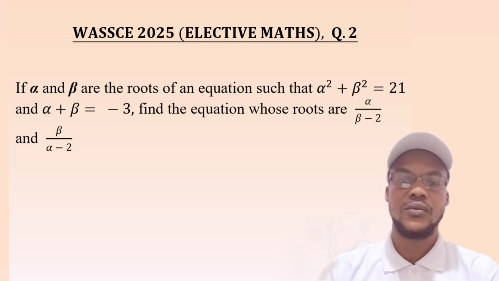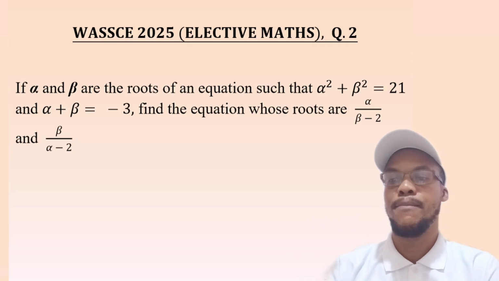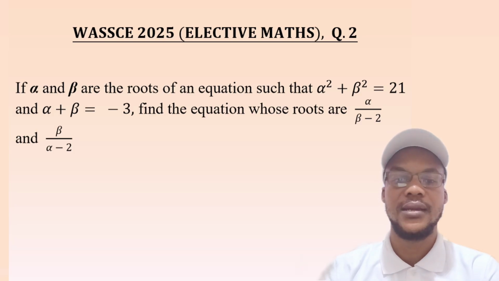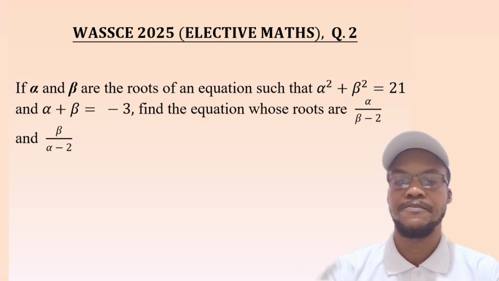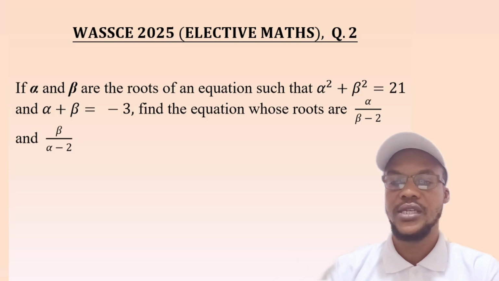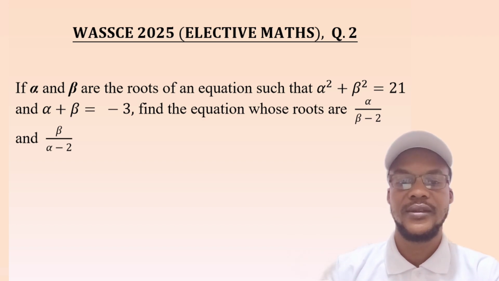So in this question, we are saying that if alpha and beta are the roots of an equation such that alpha squared plus beta squared is equal to 21 and alpha plus beta is equal to -3, we have to find the equation whose roots are alpha divided by beta minus 2 and beta divided by alpha minus 2.